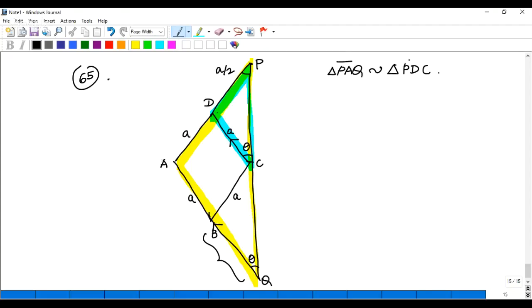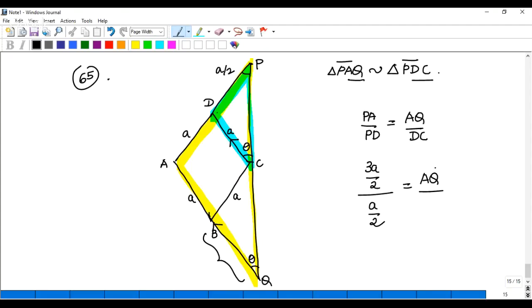So I'll have PA by PD equal to, I want CD, so I'll take AQ by DC. Now I know that PA length is 3A by 2, PD length is A by 2, equal to AQ, I don't know the length, by DC. 2 gets cancelled, A gets cancelled.